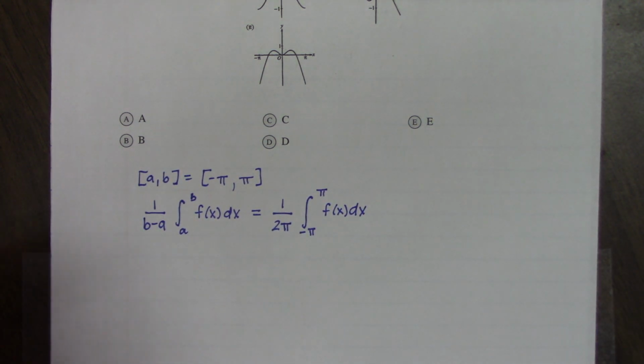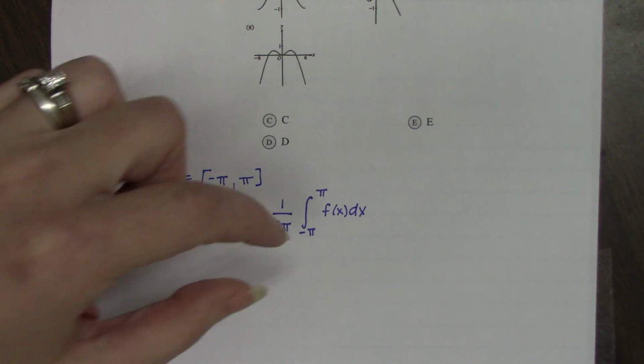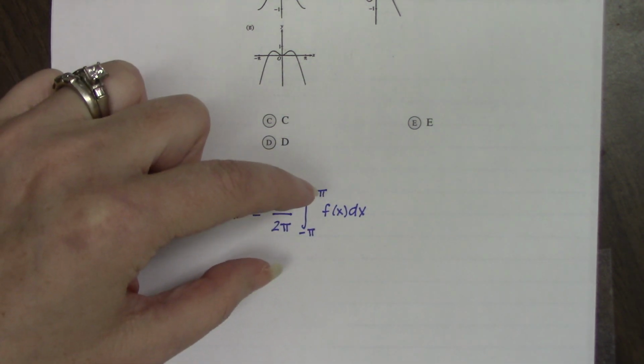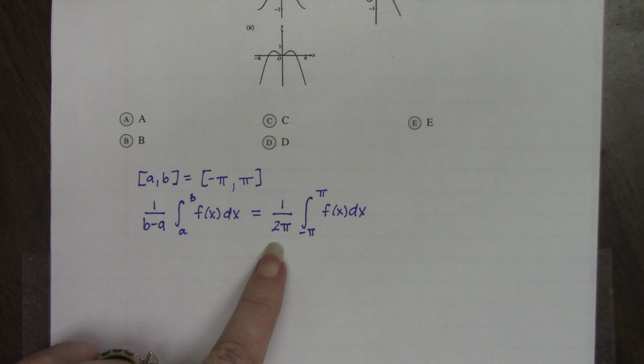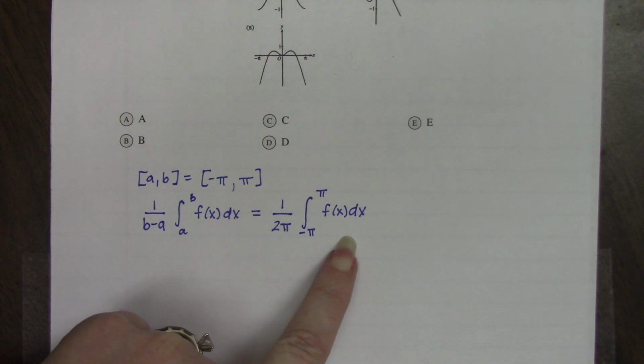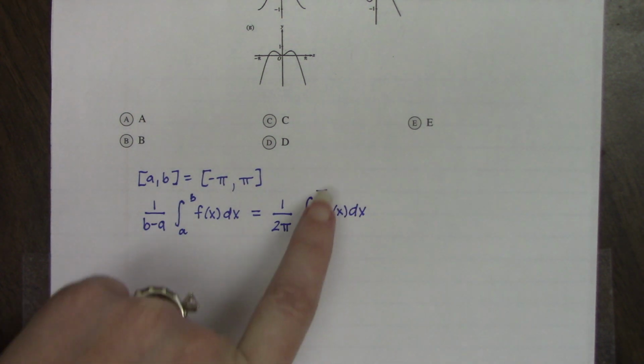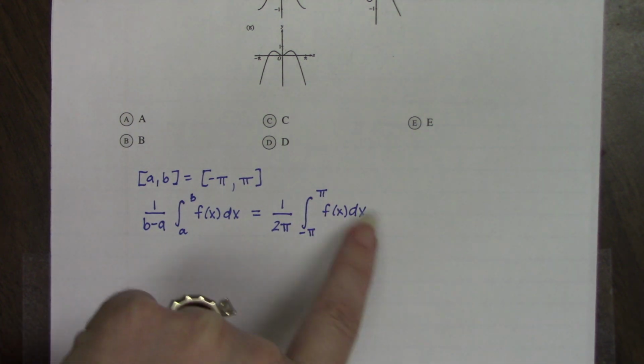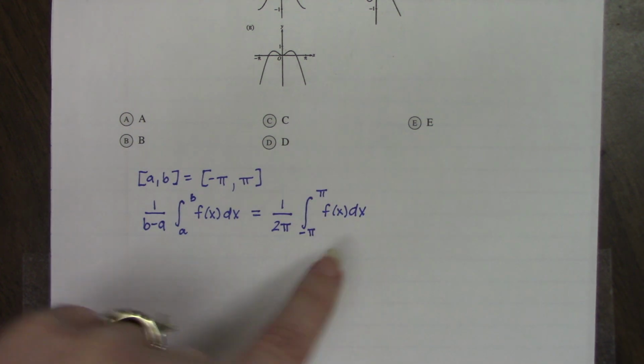So we want to know which of the graphs provides a non-zero answer to this integral. So the 1 over 2 pi is not going to be the problem. We need to determine which one of those graphs has 0 net area from negative pi to pi.